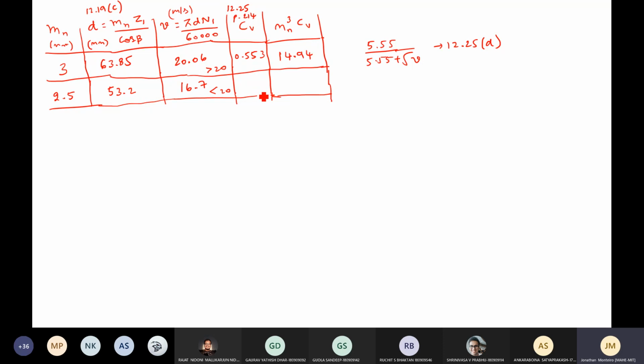I have taken. Then your equation will be Barth's formula, 15.25 by 15.25 plus V. So this is 12.25 C. According to this, your CV value will be 0.477 and this will come out to be 7.45.